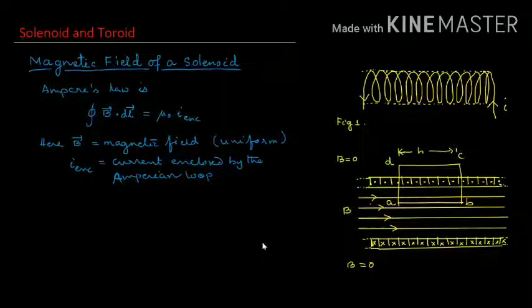Now the line integral of the magnetic field is the sum of 4 integrals, one for each loop segment. ABCD is the Amperian loop.